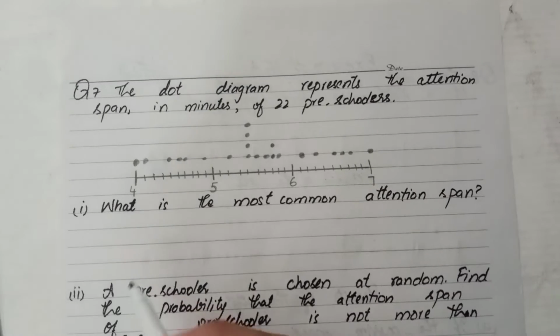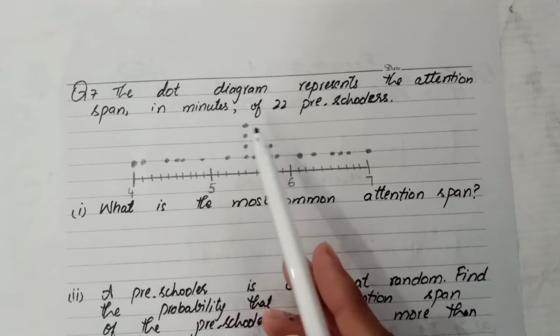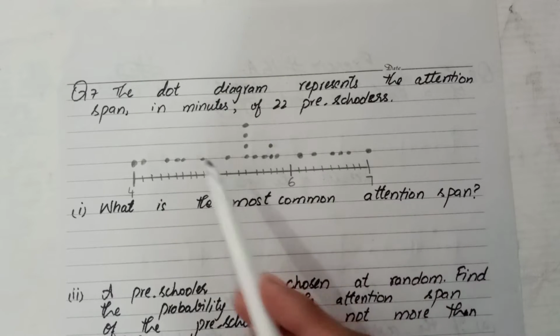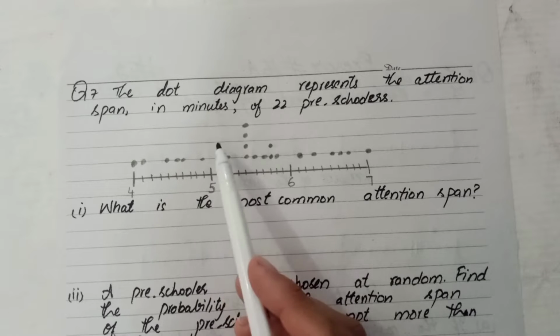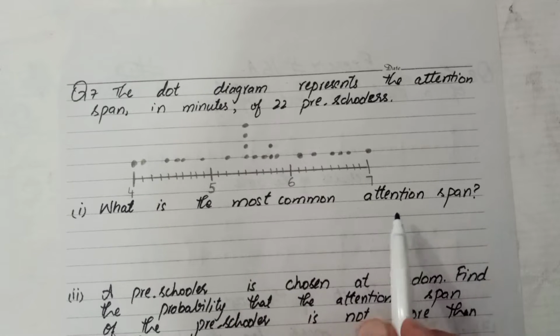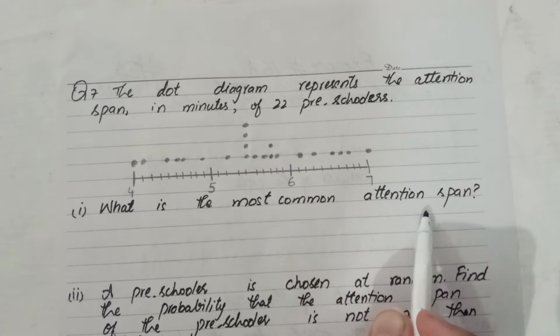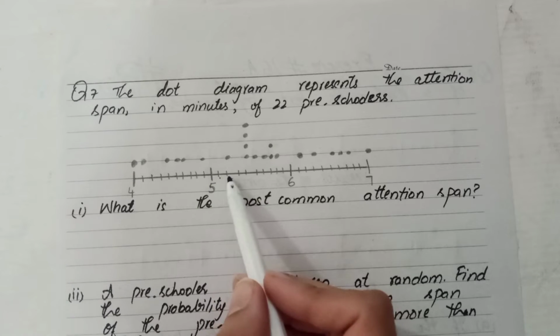Now students, question number 7. The dot diagram represents the attention span in minutes of 22 preschoolers. What is the most common attention span?